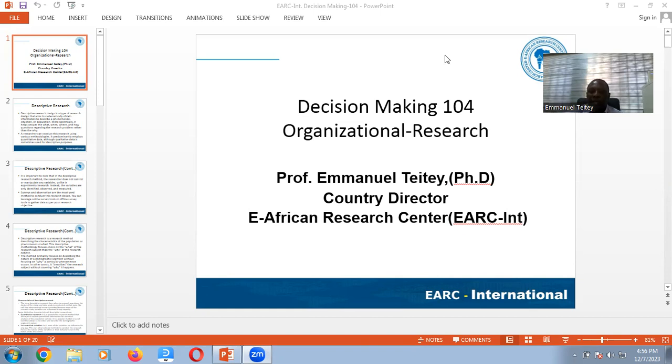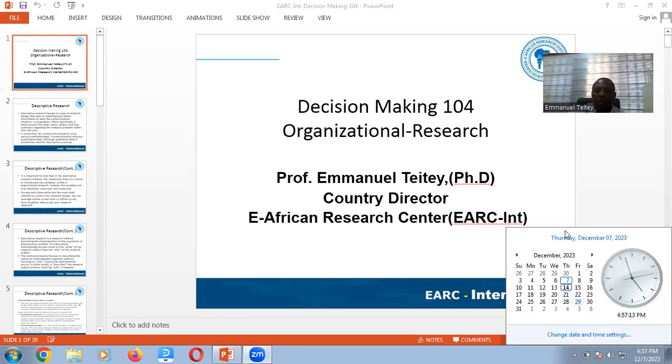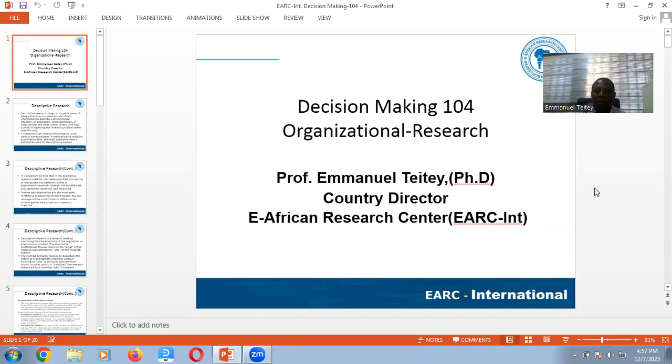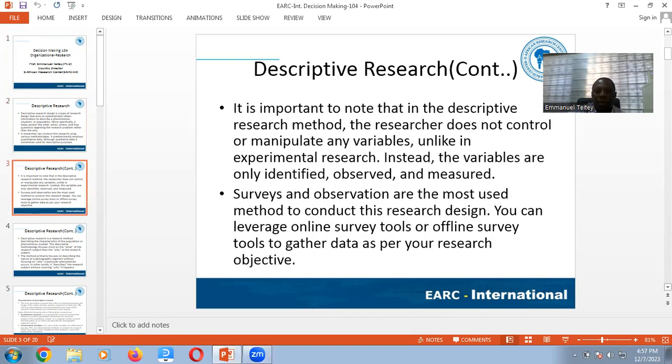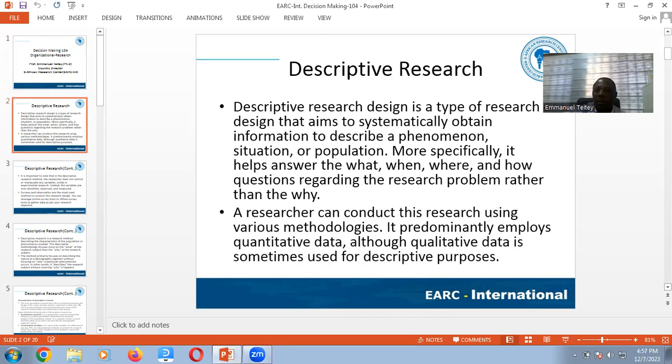Today, we want to look at descriptive research. This session, we are looking at descriptive research.